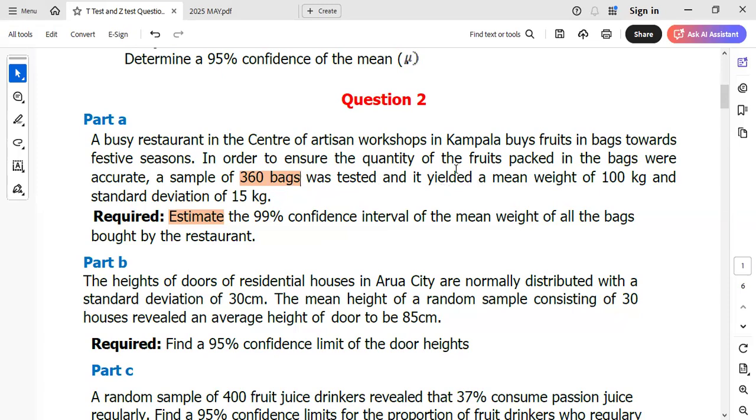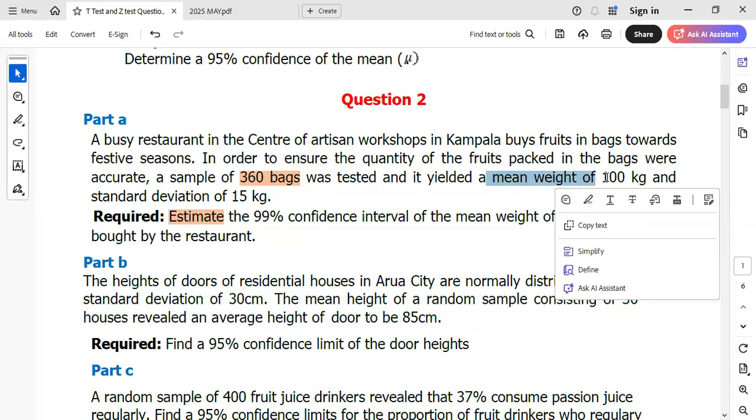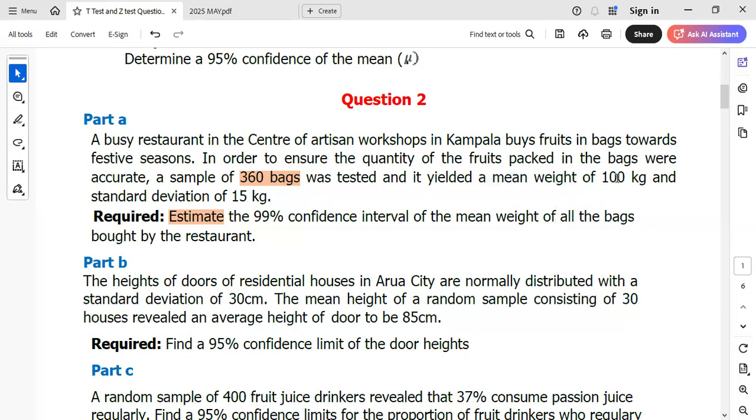So we are told that in order to ensure the quantity of the fruits packed in the bags were accurate, a sample of 360 bags was tested and it yielded a mean weight of 100. It is from the sample where you were in a position to get the mean weight.